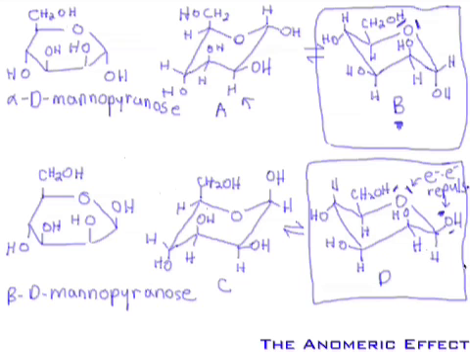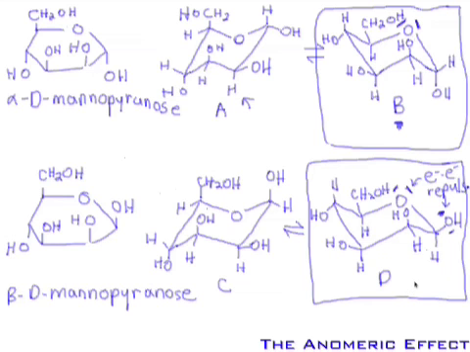Now, if you look at structure B, since the OH has gone axial, is well removed, that electron-electron repulsion has been removed. Now, in the case of mannose, this repulsion is so great, it causes D to be energetically less favorable.